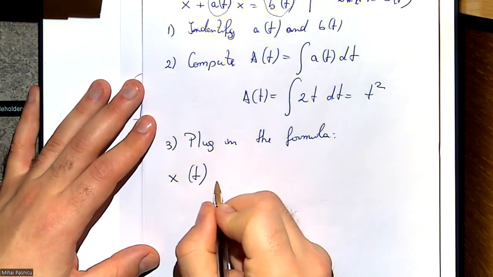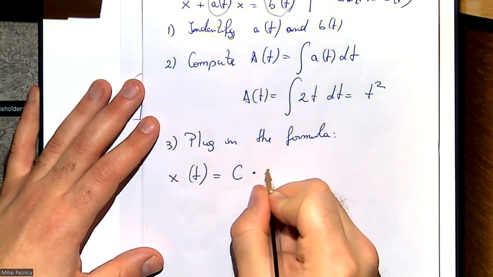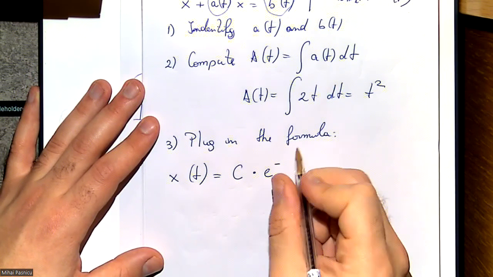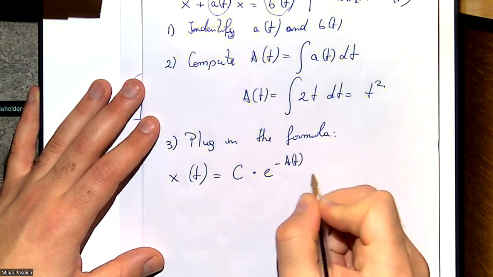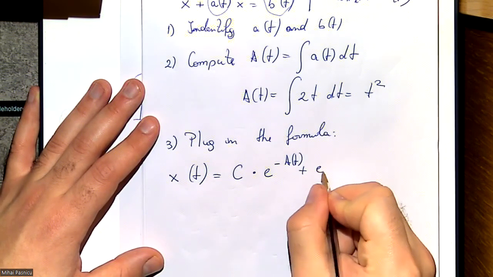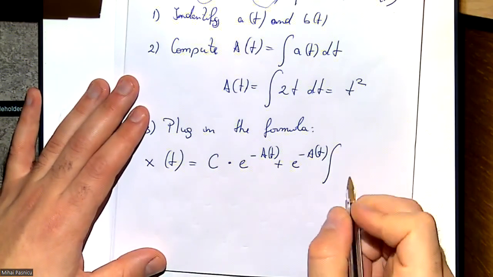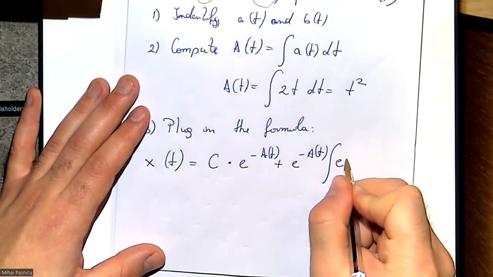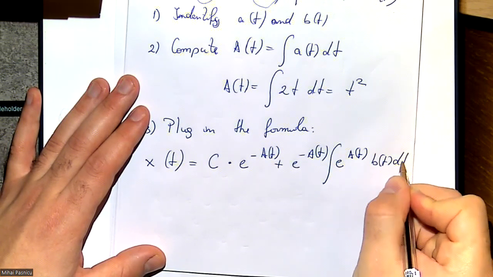I think it was x of t is equal to the constant times e to the minus A of t. Okay, let's write the formula again since we are missing it. I don't know who took it. Okay, plus e to the minus A of t times the integral of e to the A of t B of t dt.